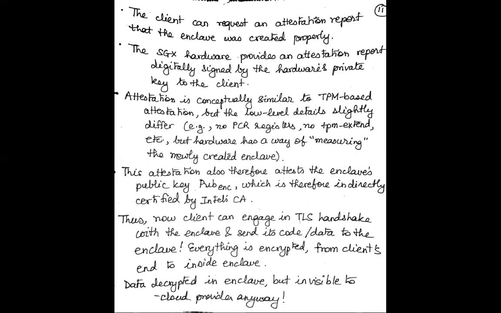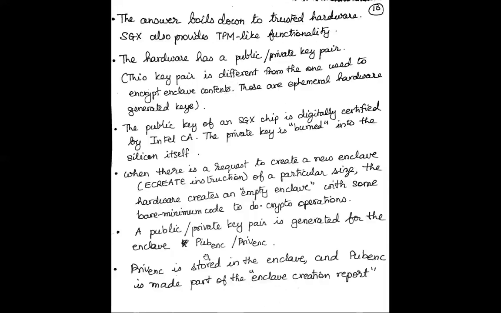There are three kinds of keys that I've spoken about so far. Don't get confused. To repeat, the first pair is the hardware's public and private key that's actually burned into the hardware itself, where the public key is certified by the Intel CA. There is another public-private key pair that is generated whenever a new enclave is created.